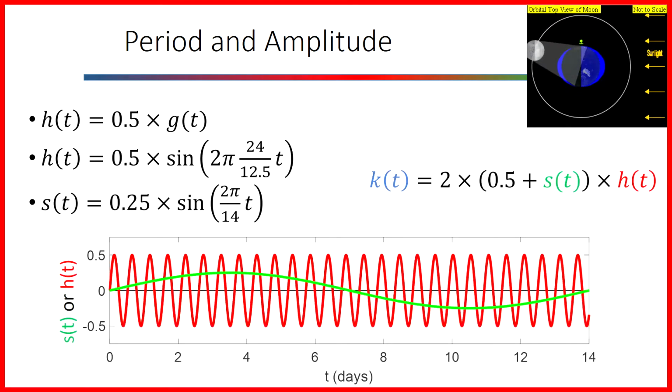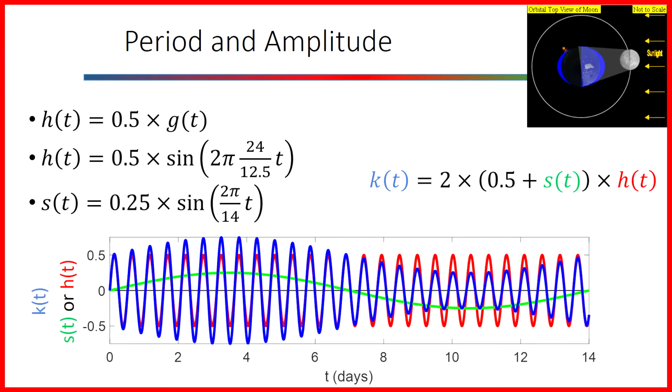Remember that s of t went from negative 0.25 to 0.25. So 2 times 0.5 plus s of t will go from 0.5 to 1.5. So that will make the overall wave vary in amplitude from half its original strength to 50% greater than its original strength. This now gives us a nice functional form that we can graph to see the tides.